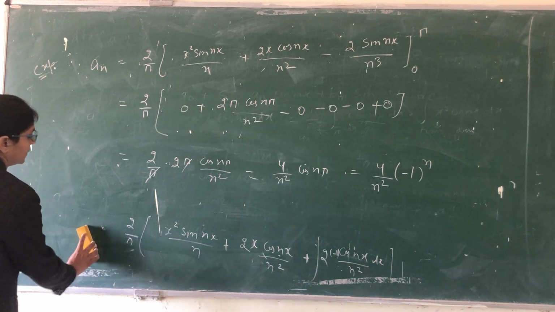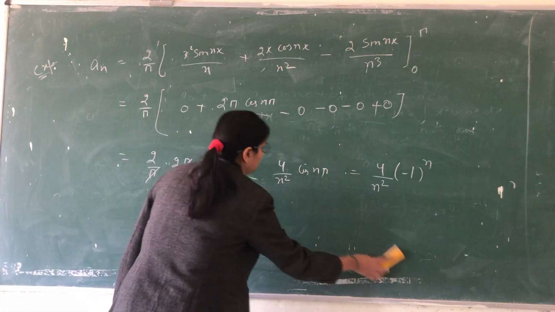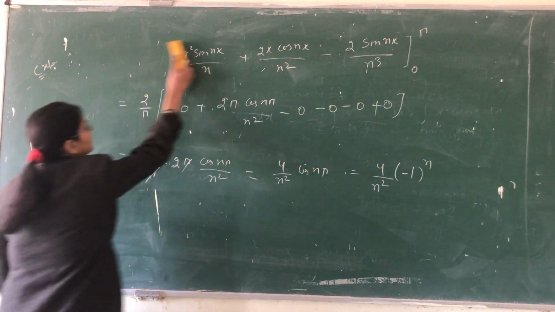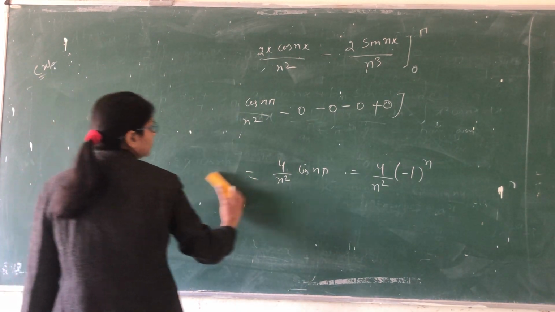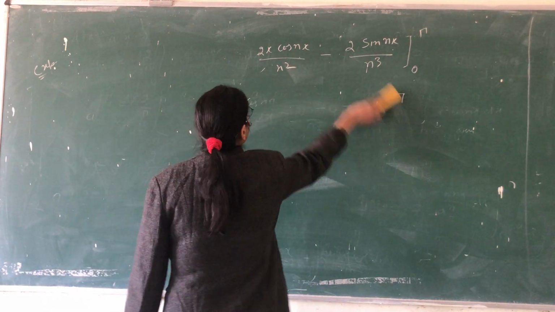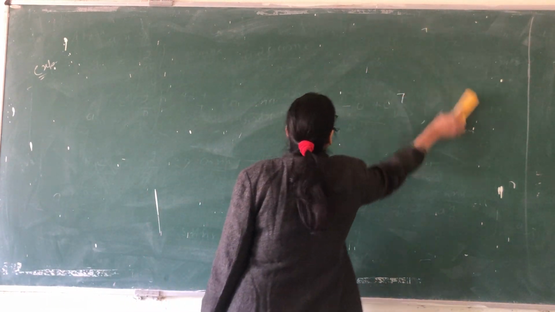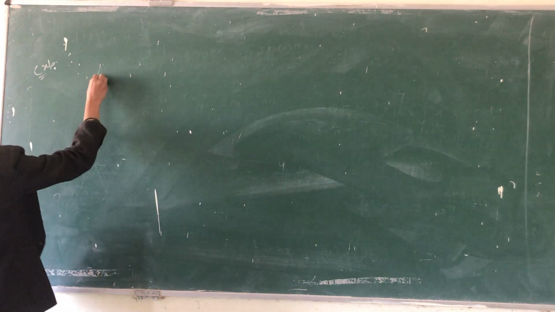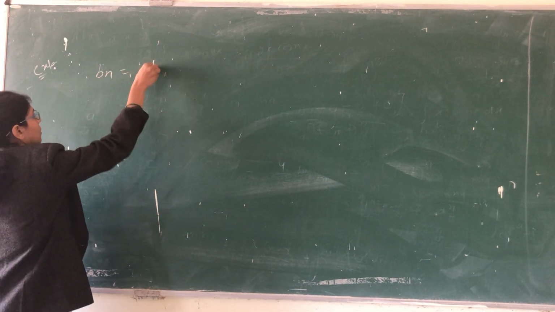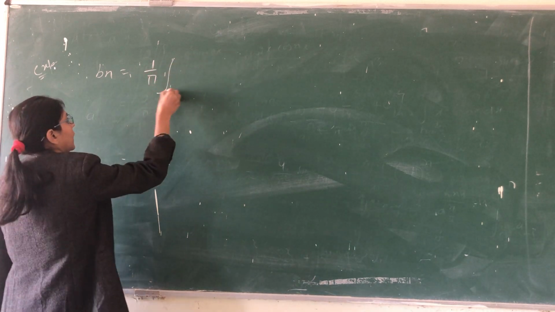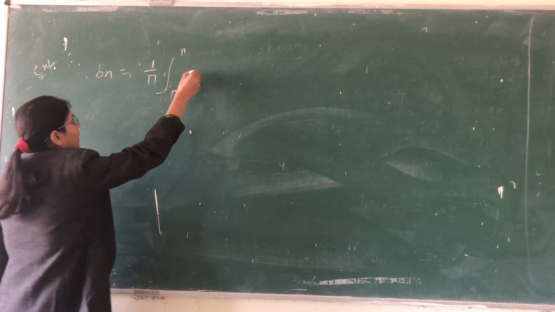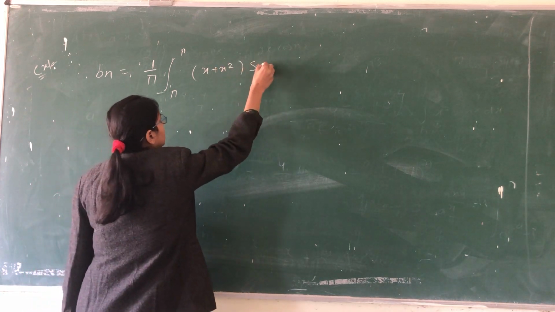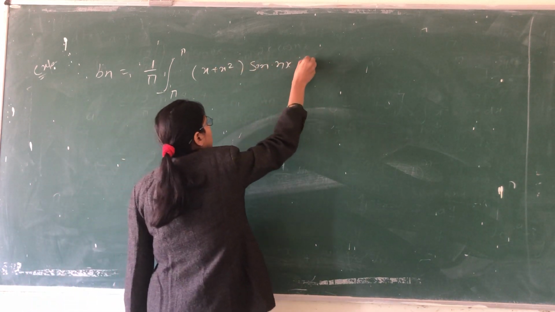Now similarly you will find bn. So what is your bn? Bn is 1 upon pi integral from minus pi to pi of f of x, which is x plus x square, into sine of nx dx.